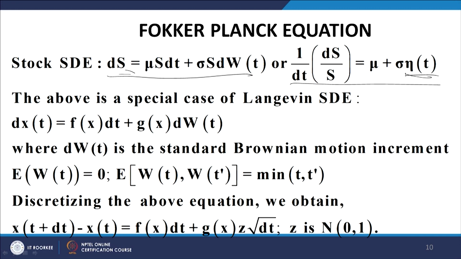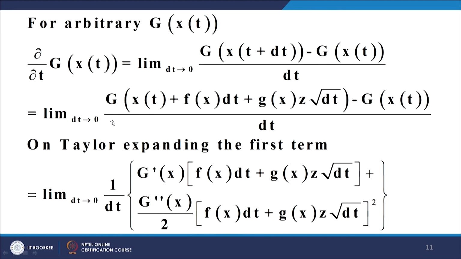We discretize the differential equation and we get x_{t+dt} minus x_t on the left-hand side, and the right-hand side can be written as f(x) dt plus g(x), and instead of dw_t we write z times the square root of dt, which is obviously allowed.